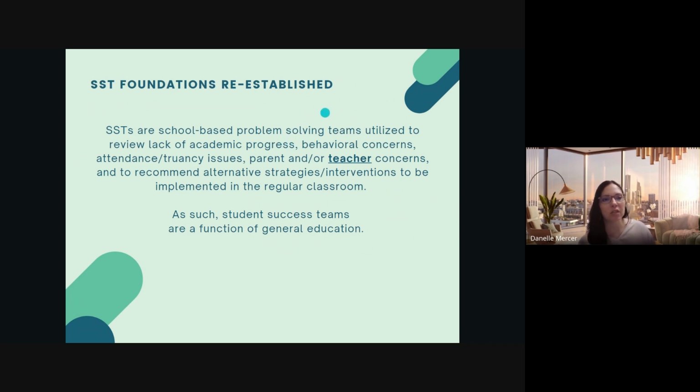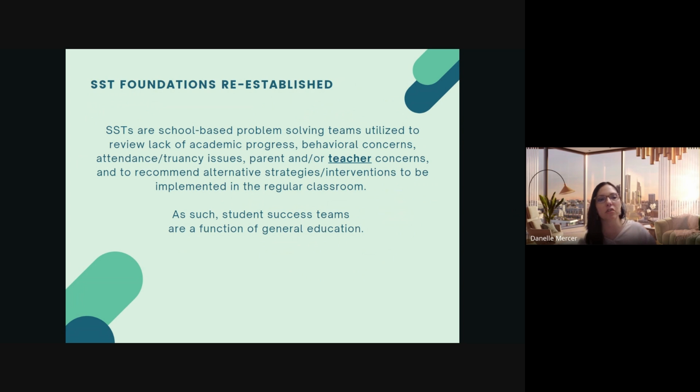So to get into this idea of SST, Student Success Team, starting off with a little bit of a layer of foundation to get your mind onto this topic. So SST foundations reestablished.